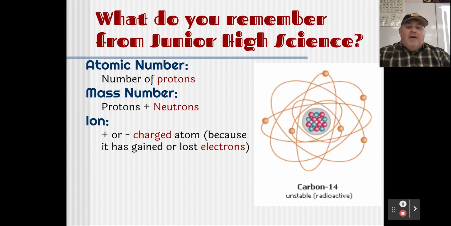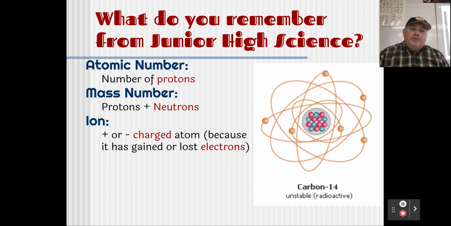Another term that is oftentimes thrown out here, and you may not have remembered, but I'll put it up here anyways, is called an ion. An ion is a positive or negative charge of an atom. The reason is that atoms are historically neutral. In other words, if you look at hydrogen or carbon or oxygen, they're neutral atoms. The positive and negative charges are equal to one another.